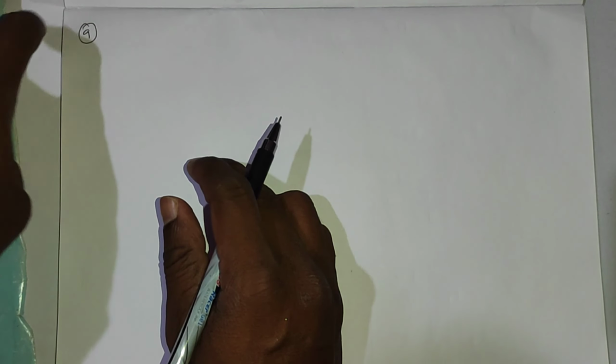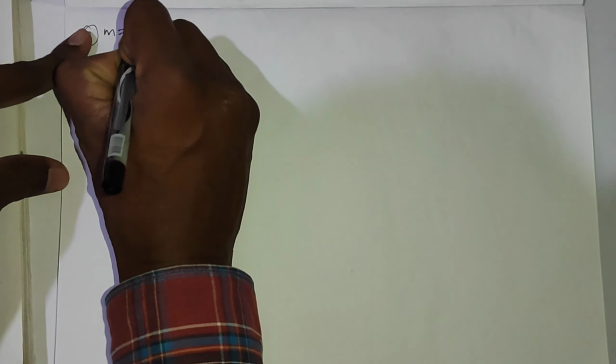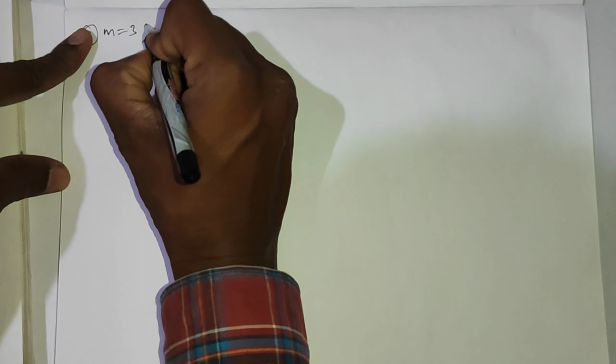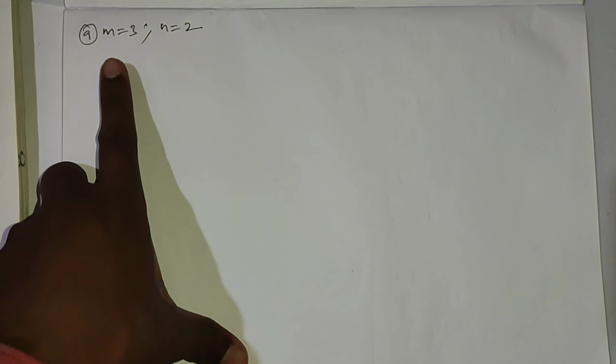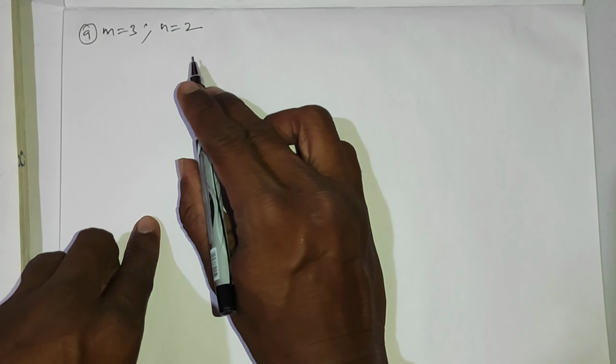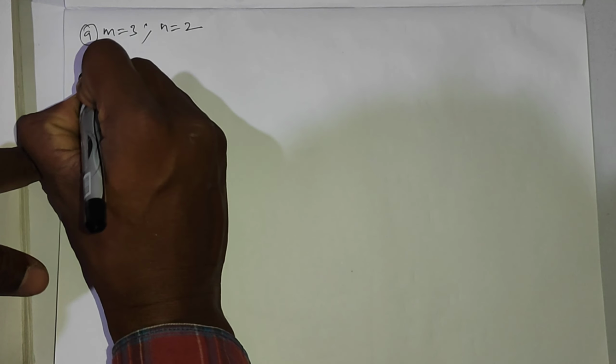So question number 9 is what? Given values m is equal to 3, n is equal to 2, find the values of.